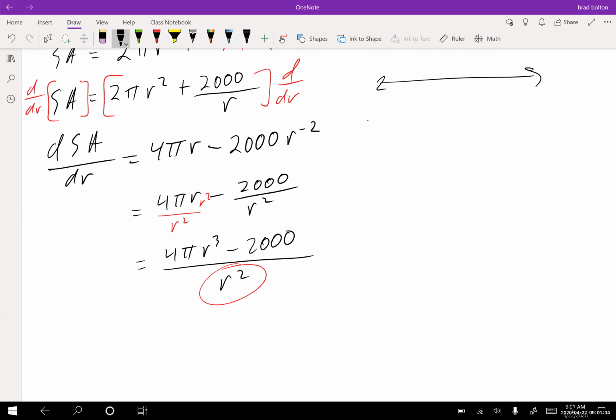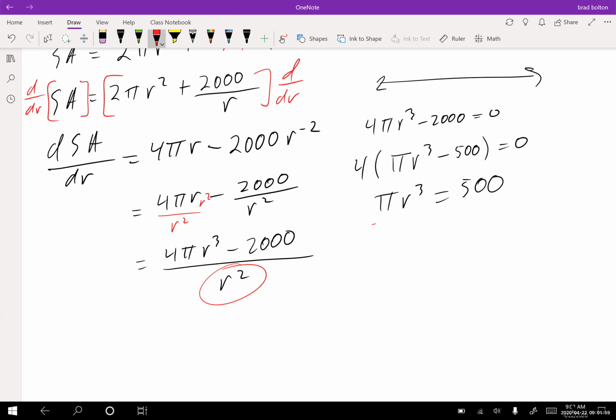So we're going to do 4 pi r cubed minus 2,000, and we're going to set that equal to 0, factor out a 4, and that will be pi r cubed minus 500 equals 0. So now we're just going to take pi r cubed equals 500, divide both sides by pi, and we have r cubed equals 500 over pi.